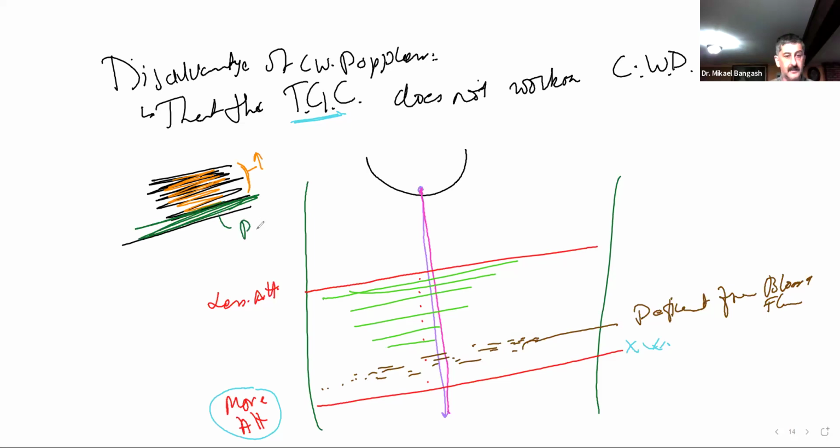Dark still remains dark because we can't really compensate for the attenuation that the sound waves undergo as they travel deeper and deeper when using your continuous wave Doppler. Did you guys get that?